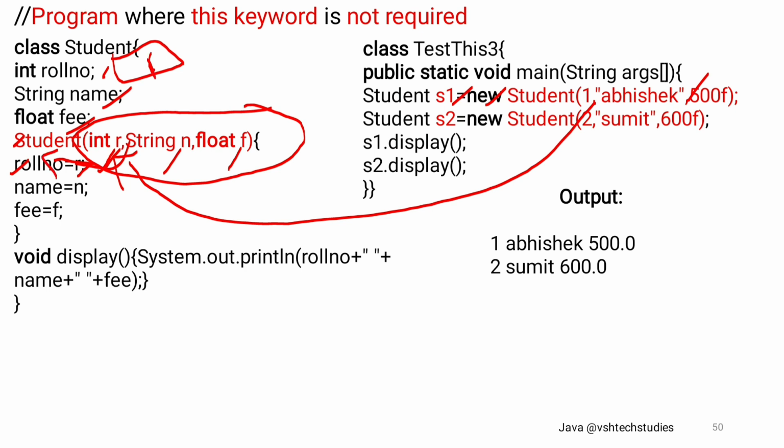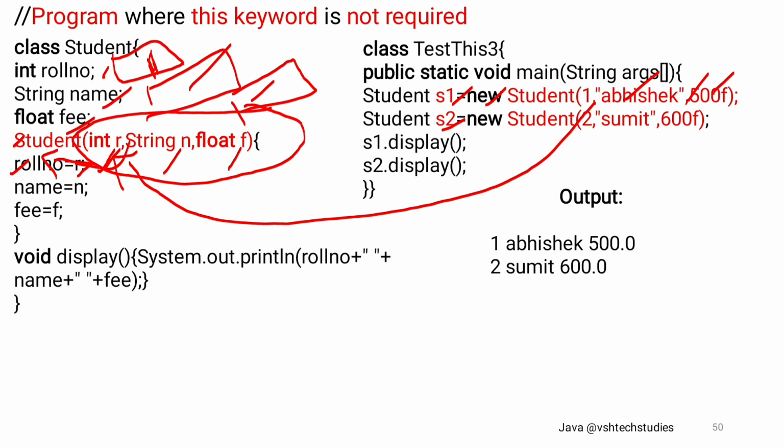Here, in the S1 object, in the roll number data field, 1 is assigned. Similarly, in the name field Abhishek will be assigned, and in the third field, the fee field, 500 will be assigned.